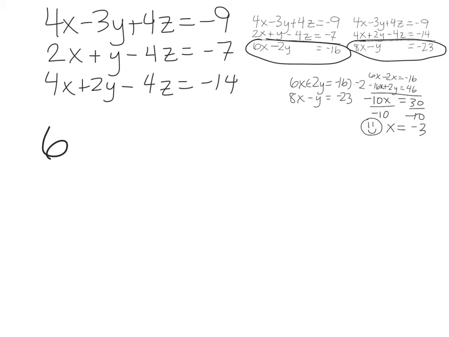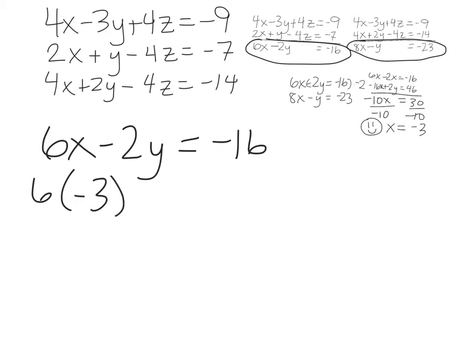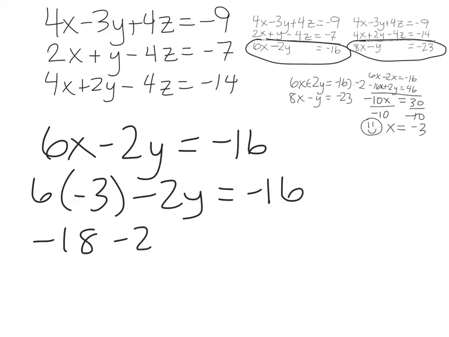Doesn't matter which one. So I'm going to plug it in here to the 6x minus 2y equals the negative 16. So I'm going to have 6 times negative 3 minus 2y. So that's going to give me negative 18 minus 2y equals negative 16.